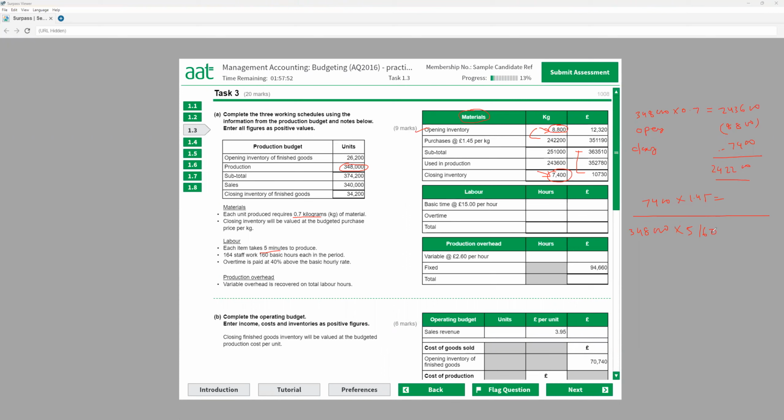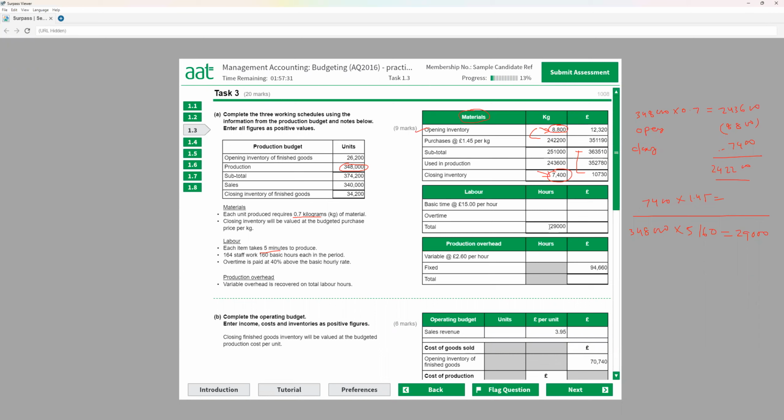So 348,000 times 5 divided by 60. So in total, we need 29,000 hours.